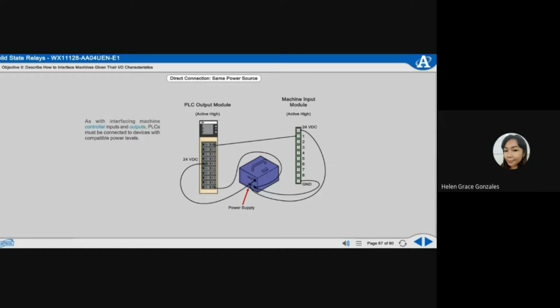As with interfacing machine controller inputs and outputs, PLCs must be connected to devices with compatible power levels. Whenever possible, the same external power supply should be used as shown. By using the same power supply, voltage differences can be eliminated.